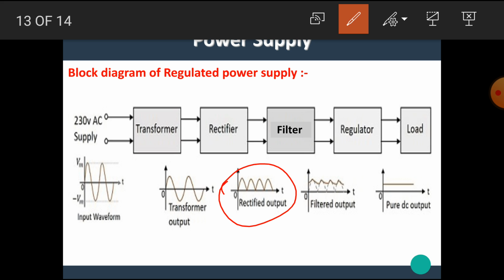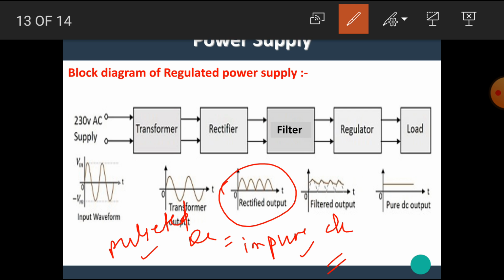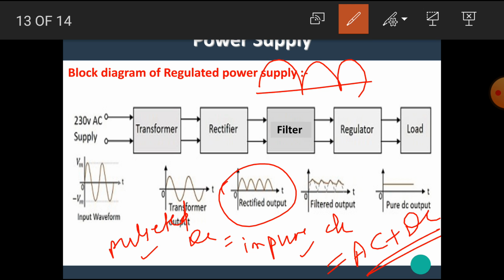Note here that pulsated DC means impure DC, meaning it contains some AC plus DC component, and it has a large number of ripples. To reduce these ripples we have to use the filter block.